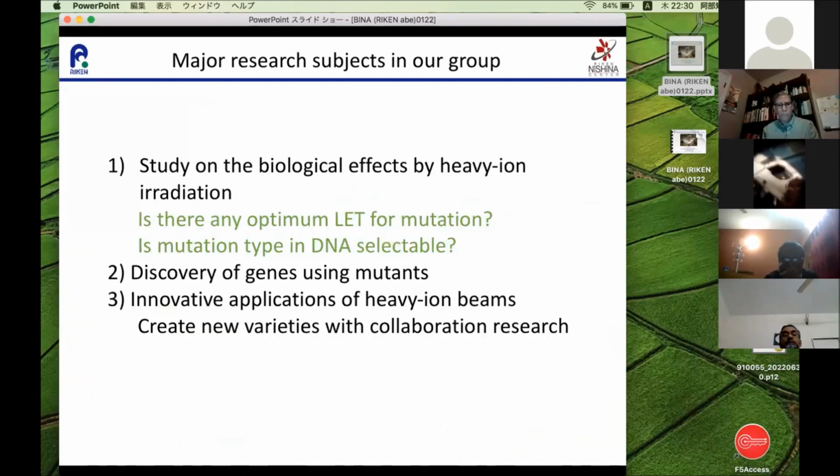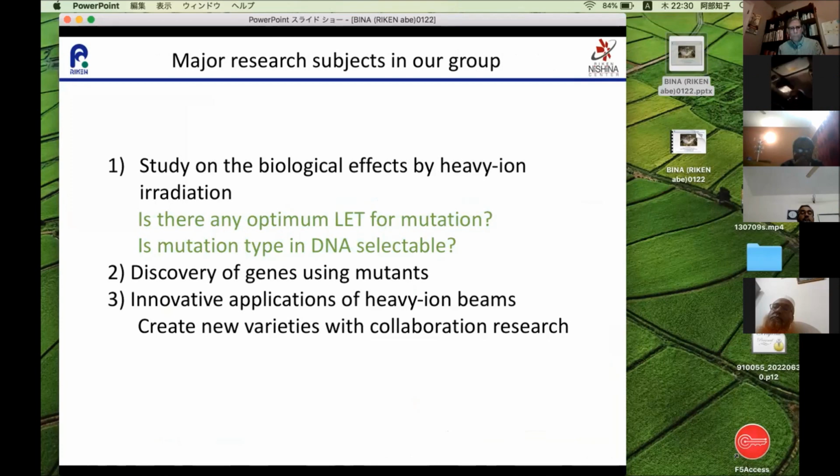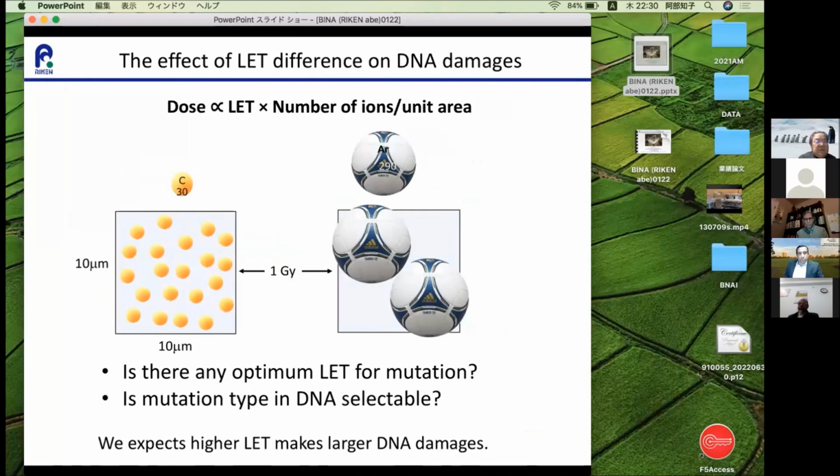Major research subjects in our group are the study of biological effects by heavy ion irradiation, discovery of genes using mutants, and innovative application of heavy ion beams.